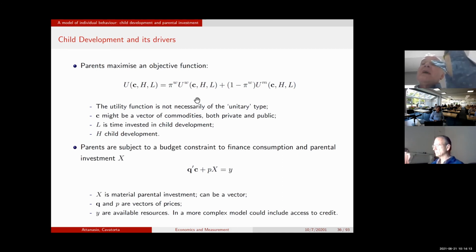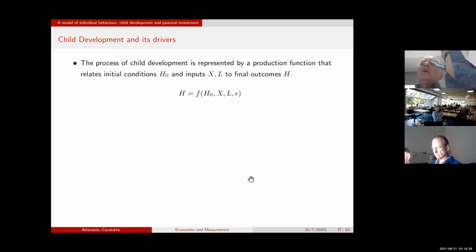This model is static, but I could make it dynamic with savings and maybe the utility occurring in the future. Y are the available resources.